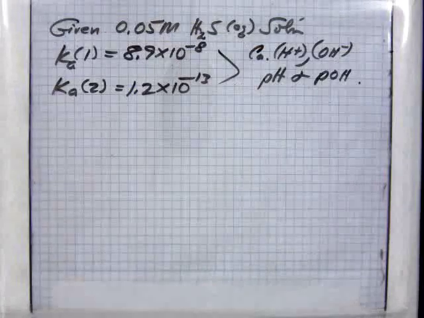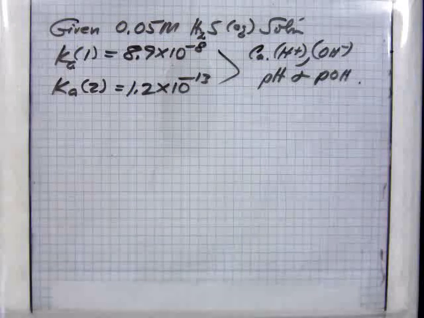Okay, we're given hydrogen sulfide, a 0.05 molar solution, with Ka1 and Ka2 given as shown, and you're to calculate the hydronium ion, hydroxide ion, pH, and pOH of the solution.